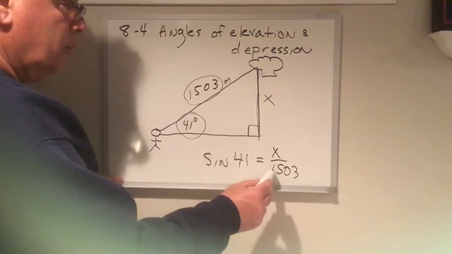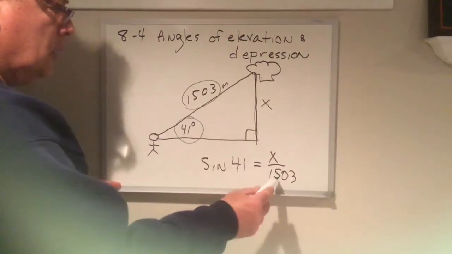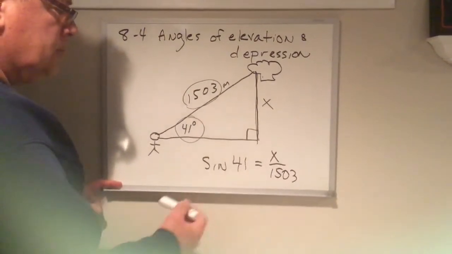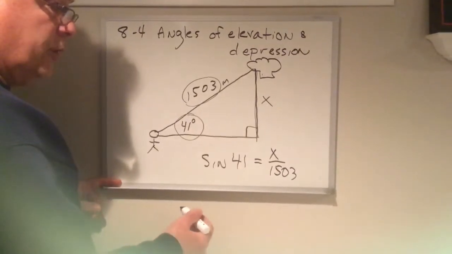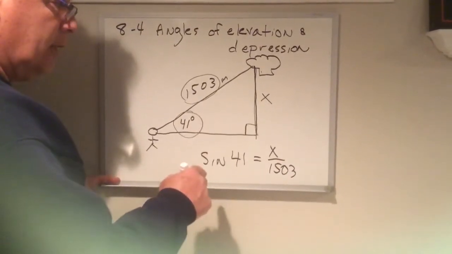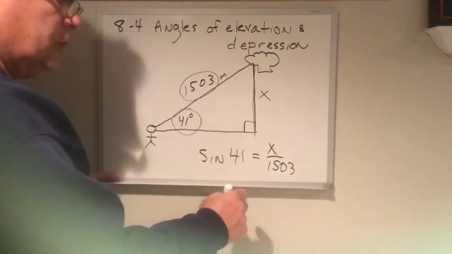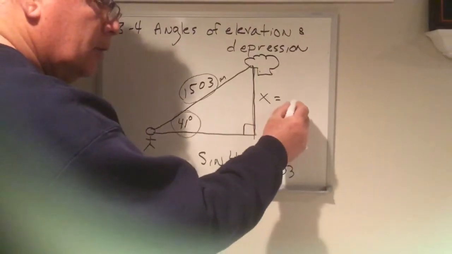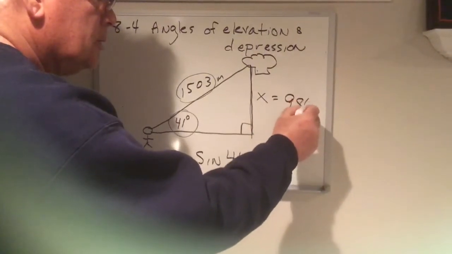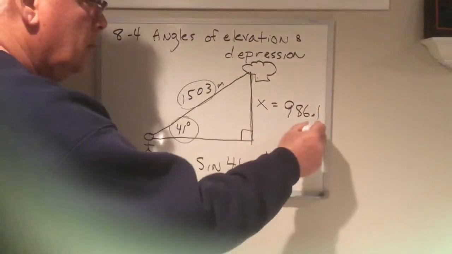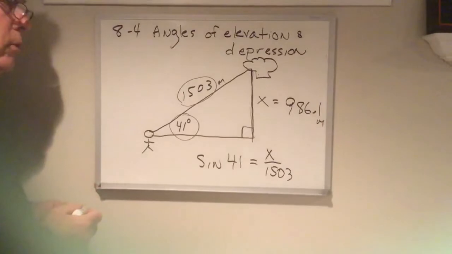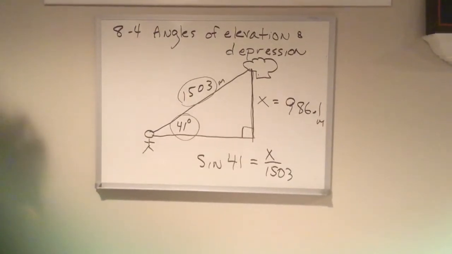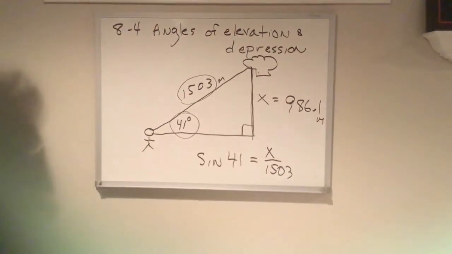Now to solve this, we're going to take 1503 times sine of 41 in your calculator. The number's in the denominator, so we're going to multiply. And the answer is 986.1 meters. The weather balloon is 986.1 meters above the ground.